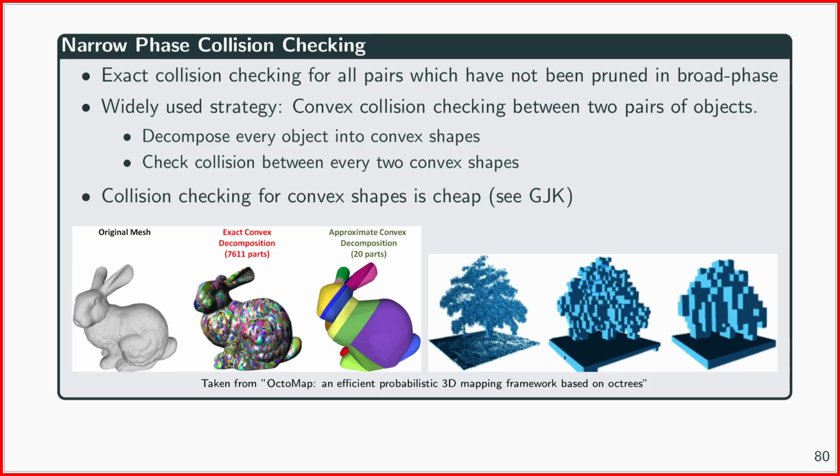So in the end, you have to do convex collision checking between voxels. This is something which happens in the narrow phase, where you do convex collision checking between convex objects. And the cool thing is that convex collision checking is pretty cheap. We will look shortly at the GJK algorithm, which is the preferred algorithm to compute collision checking between convex objects.